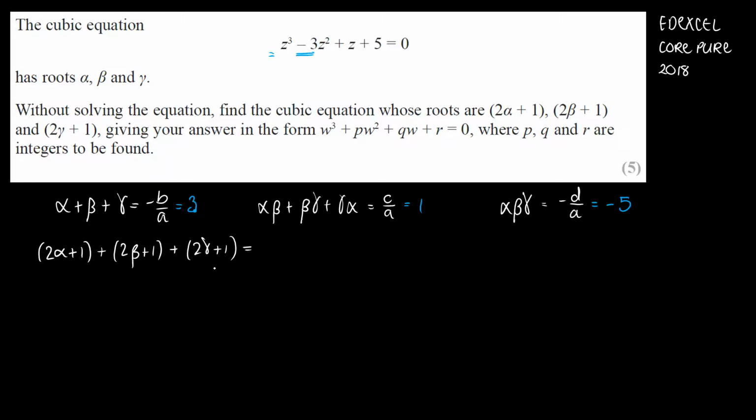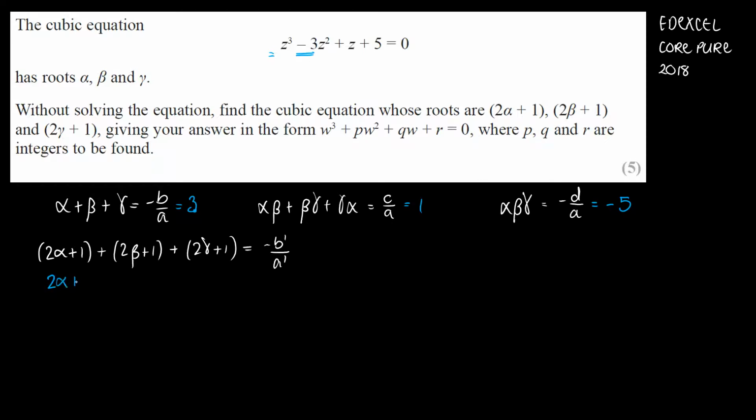My roots this time look slightly different, but the sum of them should still be the new b over new a. Let's call it b prime over a prime, not because I'm differentiating or anything, but just to make them different from previously. So this will represent the minus b over a coefficients in my new cubic I'm trying to create. I'm now going to persevere with some of this algebra here.